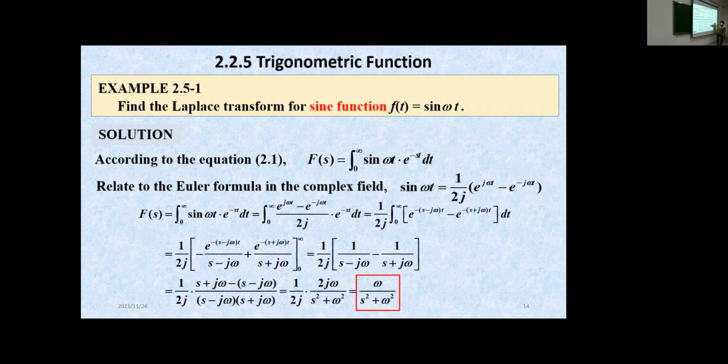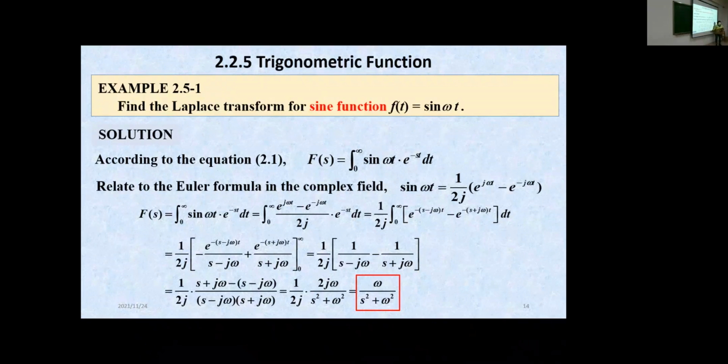And you replace sine omega t by this. So we get the Laplace transform for sine omega t like this. To make it easy, because it's just a function of e with an index, if you want to know, you can go through the whole process after class. After the solution process, we will get the result.